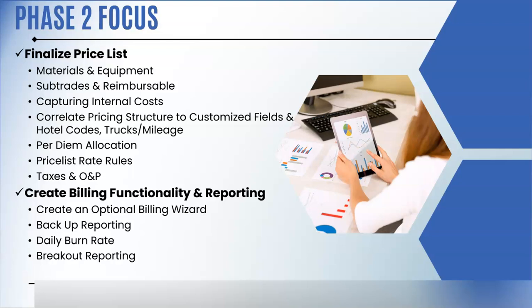That means our materials and equipment, our subtrades and reimbursables, capturing those internal costs, because mind you, we are capturing our external cost, correlating those price lists to customized fields, hotel codes, trucks and mileage, per diem allocations, price list rate rules, and taxes and overhead and profit. And then creating this billing functionality and making it easy for the person invoicing this job to understand what has been accumulated at that job site.